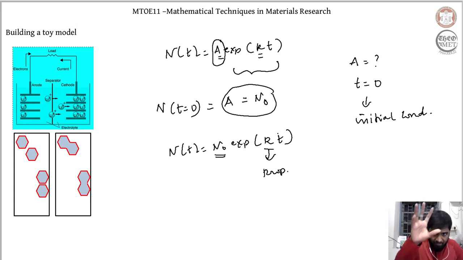When you have a system which is extremely open and the lithium ions don't have to wait to find a spot, then kappa or k will be significantly higher than in another system which is kind of closed, wherein the lithium ion has to wait and look for spots. So that means the k here is a material constant.